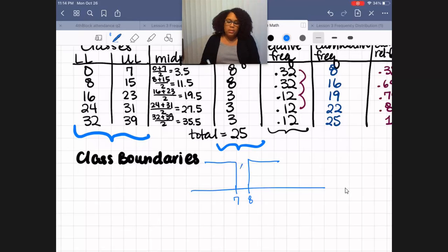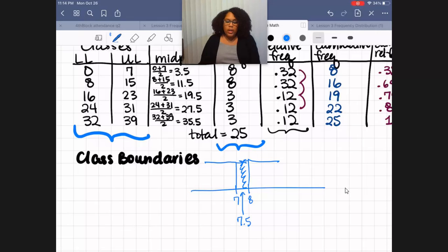And we don't want this space right here to exist. So what we're going to do is create class boundaries by pulling out this edge and pulling back that edge so that they meet in the middle of that gap. So what would the middle of this gap in between 7 and 8 be? Well, it would be 7.5.